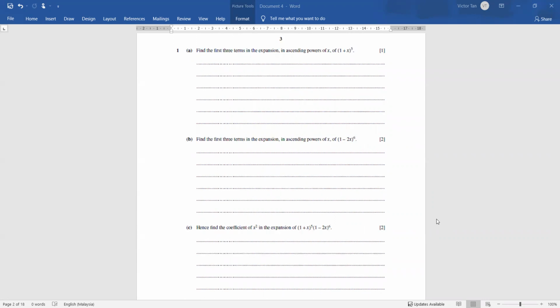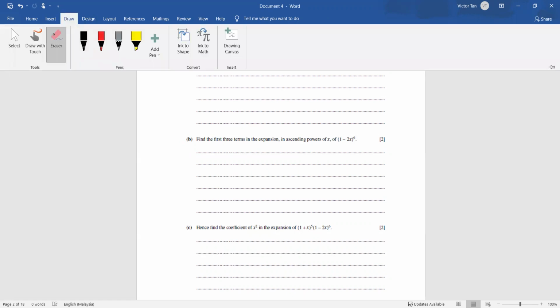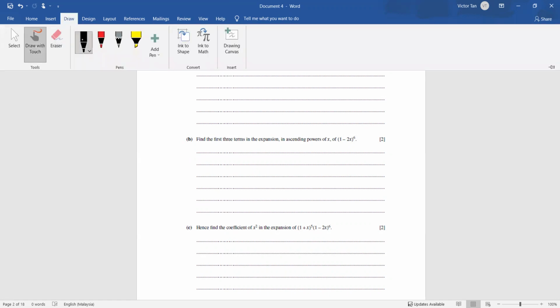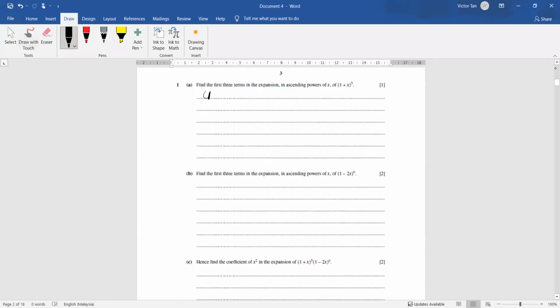So this is your normal expansion of a binomial expansion. (1 + x)^5 equals 1 plus 5x plus 10x squared.